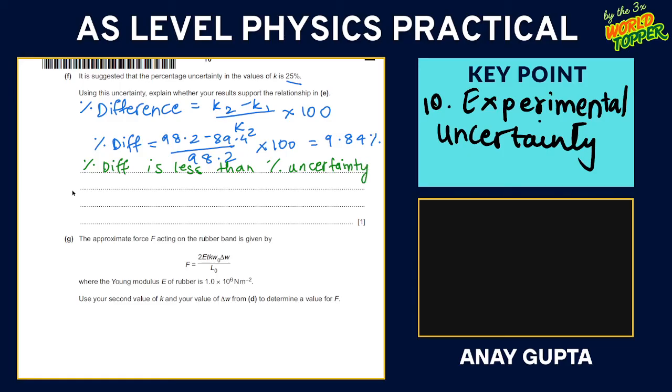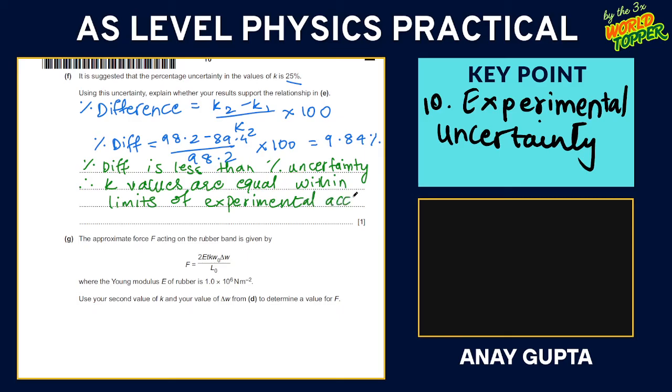Therefore, K values are equal within limits of experimental accuracy.